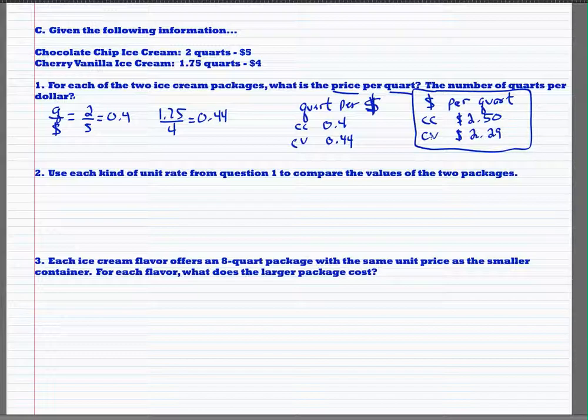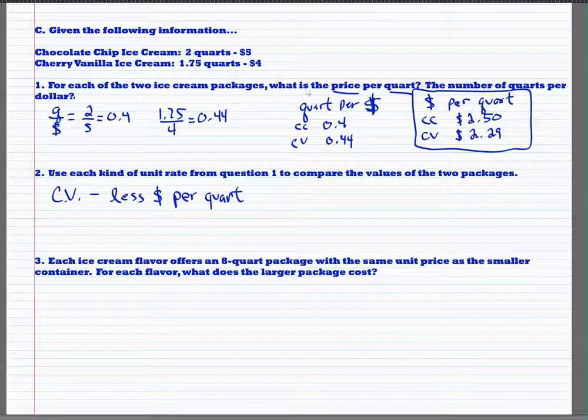All right, so the cherry vanilla is the better price because you're paying less per quart. So the cherry vanilla, we're paying less, so it's less money per quart. All right, so that's our better deal.